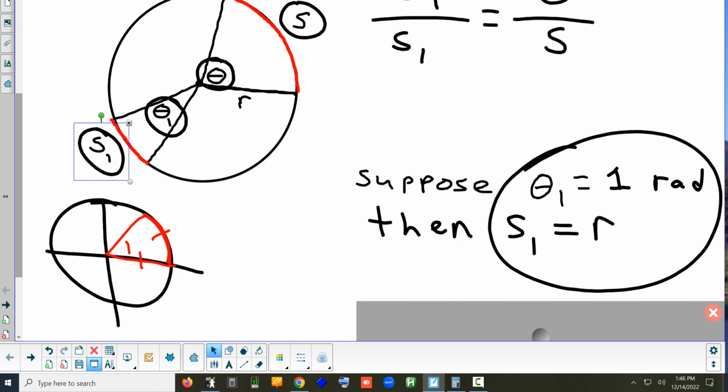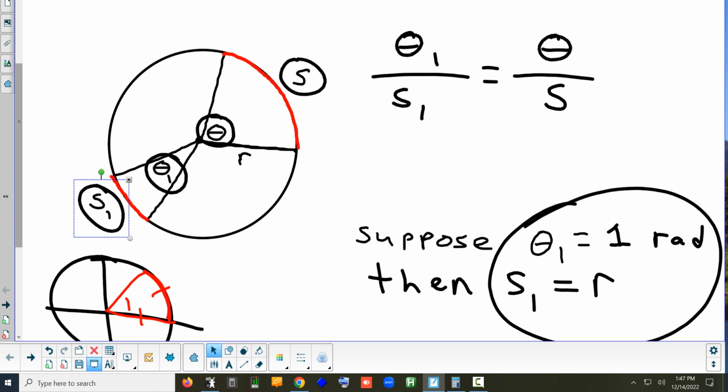It's not as familiar to you probably because you're not used to using it, but it's just as basic as saying 12 inches equals a foot. It's something that is true. So if the angle is 1 radian, then the arc is automatically the same size as the radius. So now, we're going to substitute our numbers there.